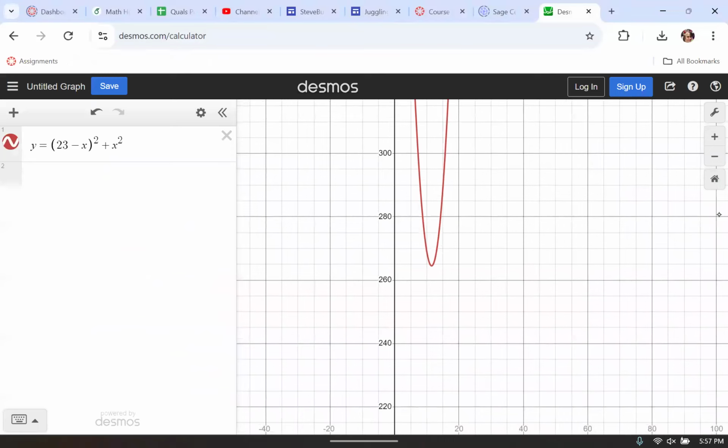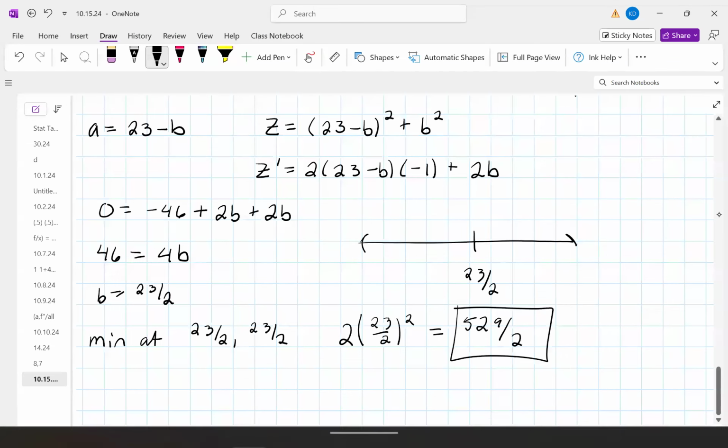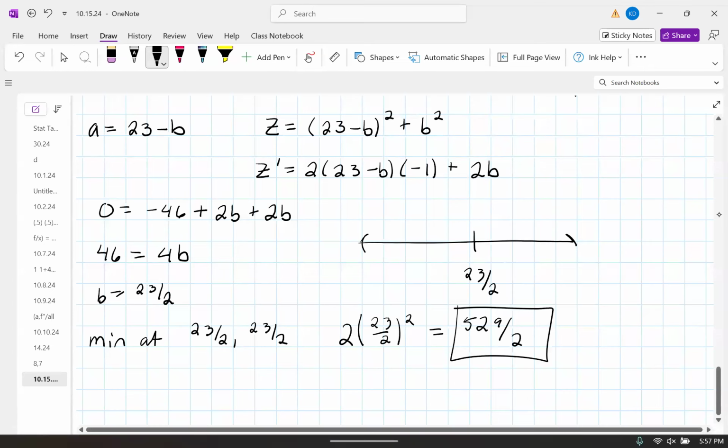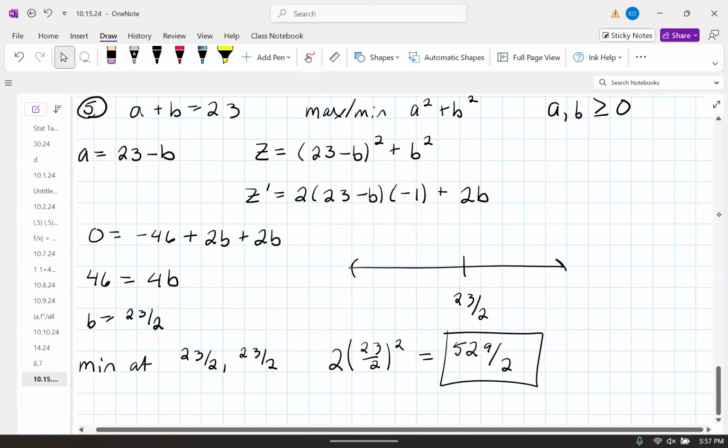How do we come up with a maximum? Well, we have to be non-negative, right? So what is the biggest value I can plug in for A? 23. Same for B, really. And so the smallest thing I can be is 0.